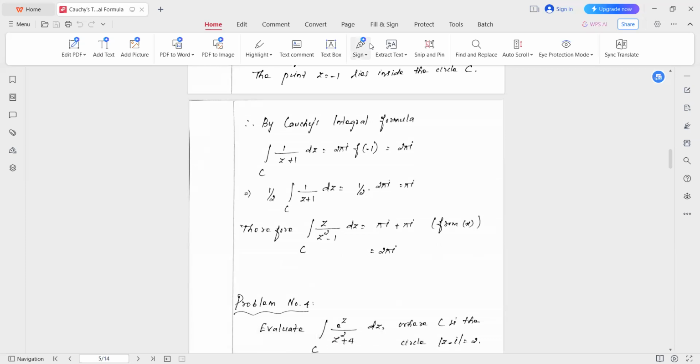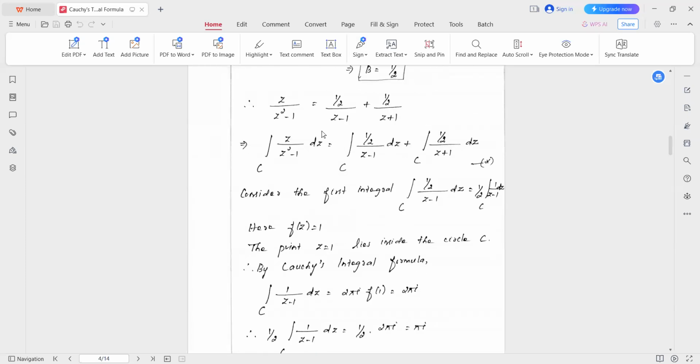Actually, this is the integral value we need to evaluate. We split this integral into two integrals and found the value one by one.